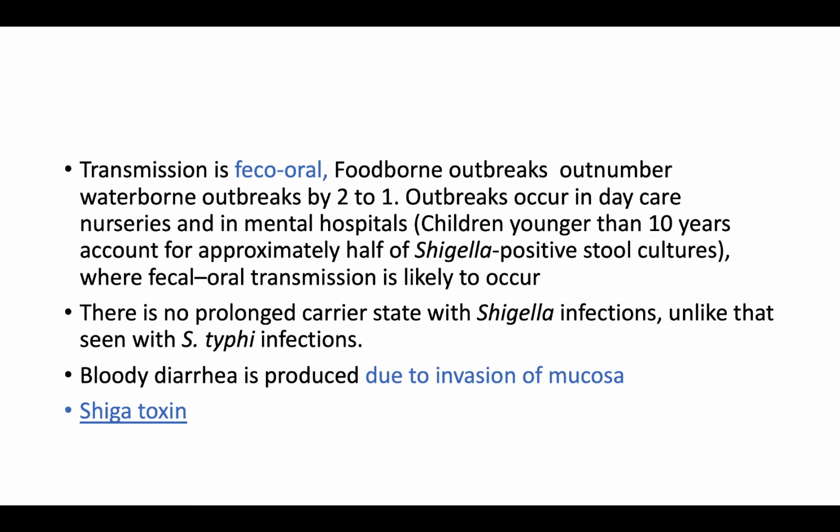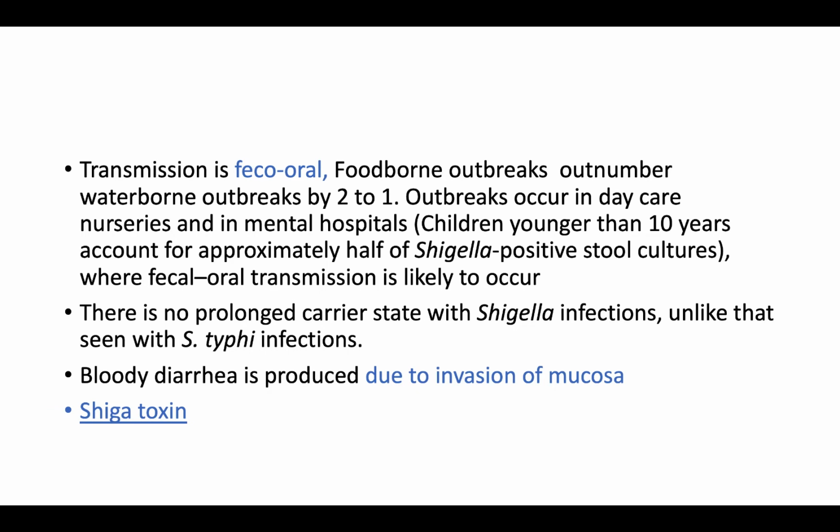But food does not dilute. If the food is contaminated, it will usually have a significant amount of bacteria. So that's why food outbreaks are usually more common than waterborne outbreaks. So this is usually a foodborne outbreak, unlike Vibrio cholerae, which is usually a waterborne outbreak.